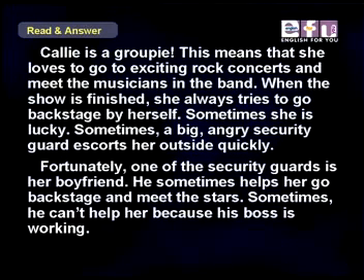Sometimes she is lucky. Sometimes a big, angry security guard escorts her outside quickly. Fortunately, one of the security guards is her boyfriend. He sometimes helps her go backstage and meet the stars. Sometimes he can't help her because his boss is working.